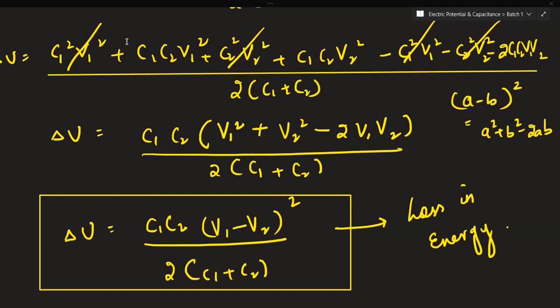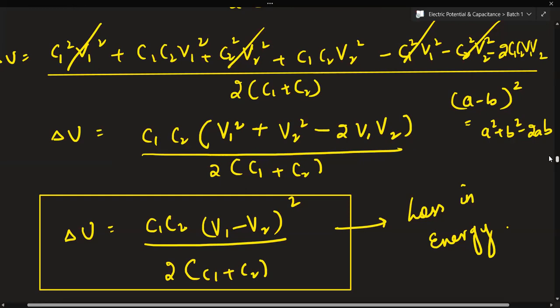But in case this derivation comes, because it's part of your syllabus, it can come, then you have to show all these steps till the last step: C1C2 into (V1 minus V2) whole square by 2 into (C1 + C2). Mostly numerical questions come from loss of energy, and derivations usually come from the common potential portion, because loss of energy becomes very lengthy. But it can come, you never know. So be prepared for it as well.